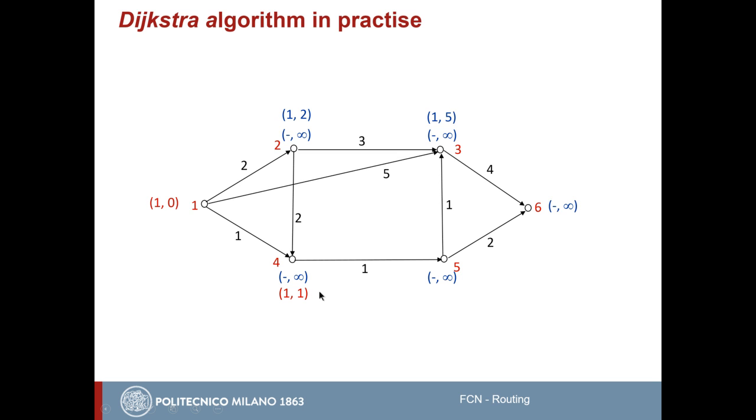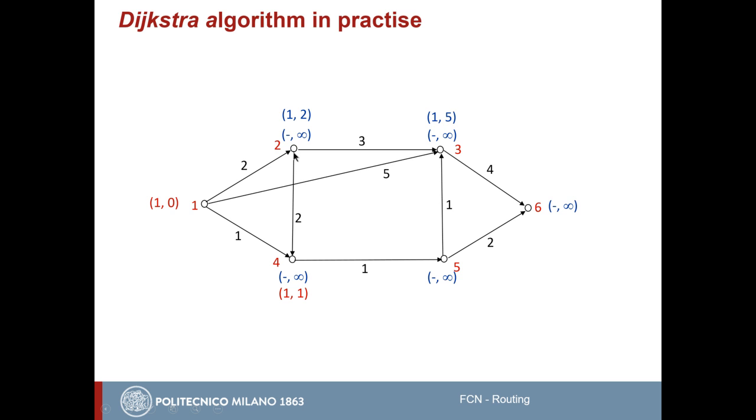Now we have the updating phase. We have to take all the nodes which are not in P but are neighbors to P and update their distance. And now P contains 1 and 4. So the neighbors of P are node 5, node 3, and node 2.